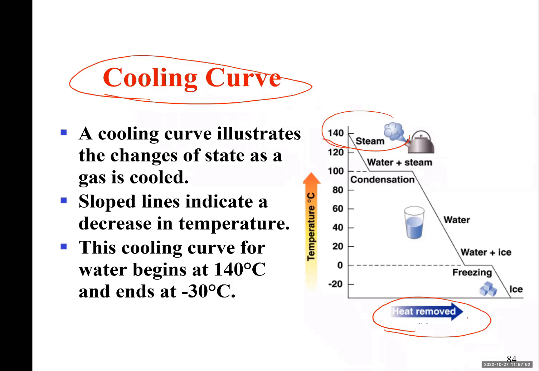What's going to happen to steam if you are cooling it off? It's going to lose temperature, going from 140 to 120 to 100, and 100 is the boiling point of water. That means when steam reaches 100 degrees Celsius at 1 atmosphere pressure, it starts condensation and becomes water.